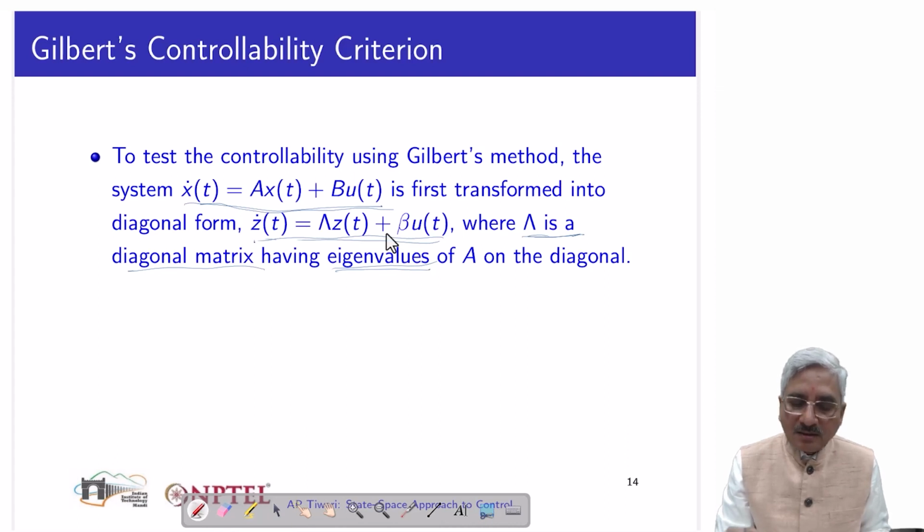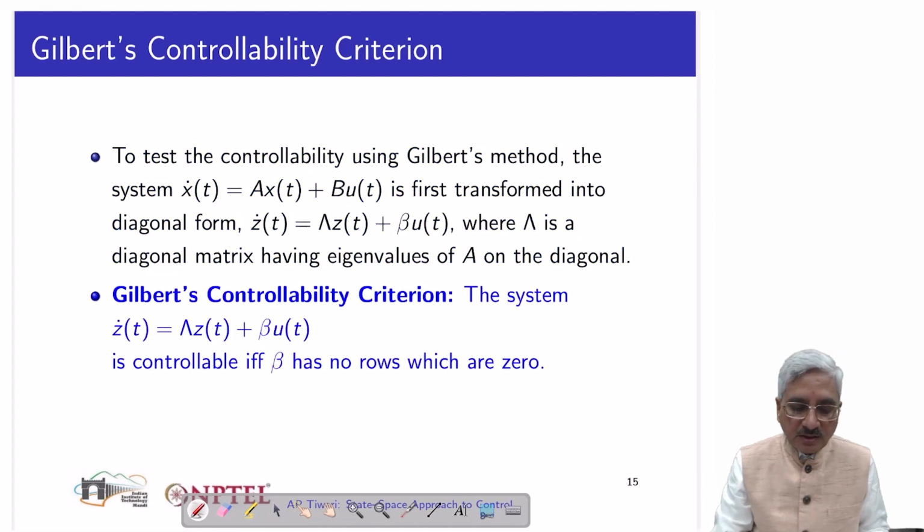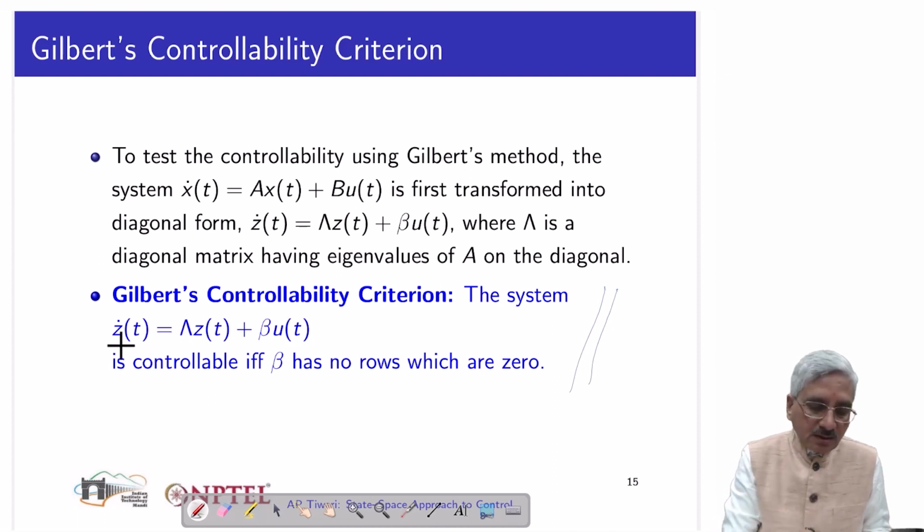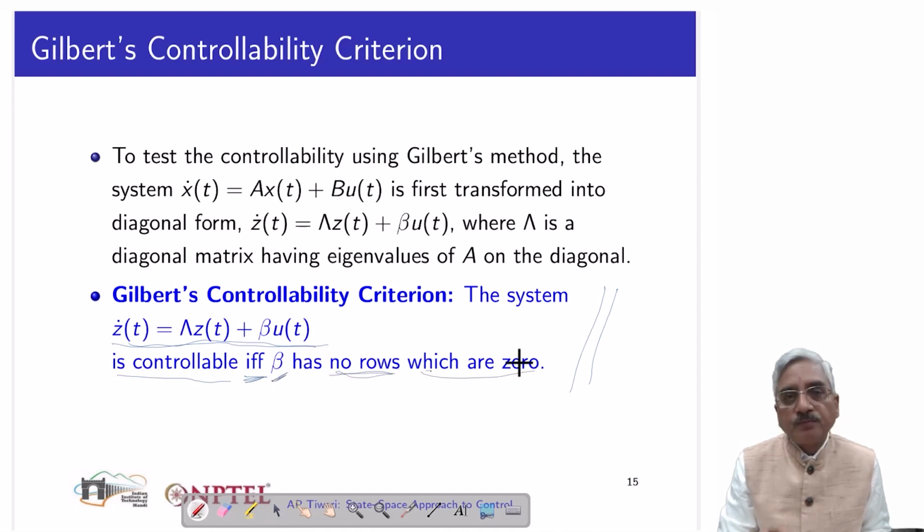Now, as I said, either the system may be available in the diagonal form or it can be transformed into the diagonal form. Then we can apply Gilbert's criterion, which is stated here. According to Gilbert's controllability criterion, the system in this diagonal form Z dot equal to lambda Z plus beta U is controllable if and only if the beta matrix has no rows which are 0.